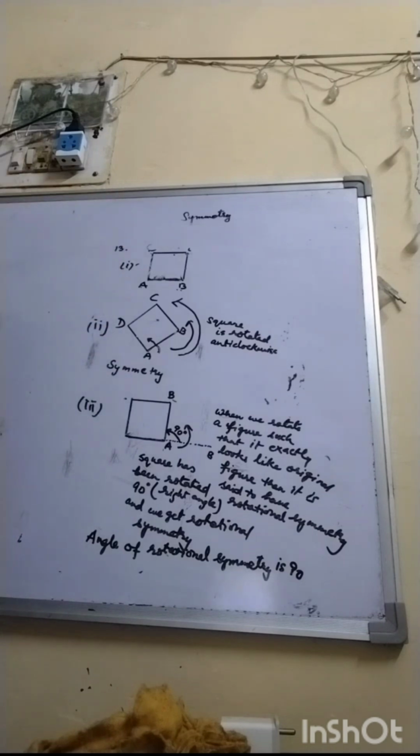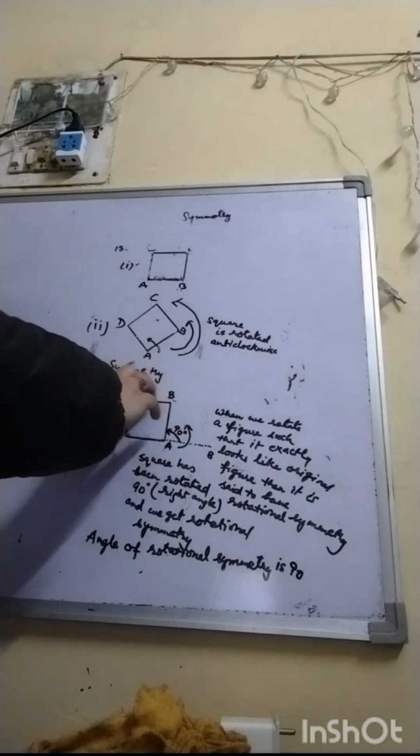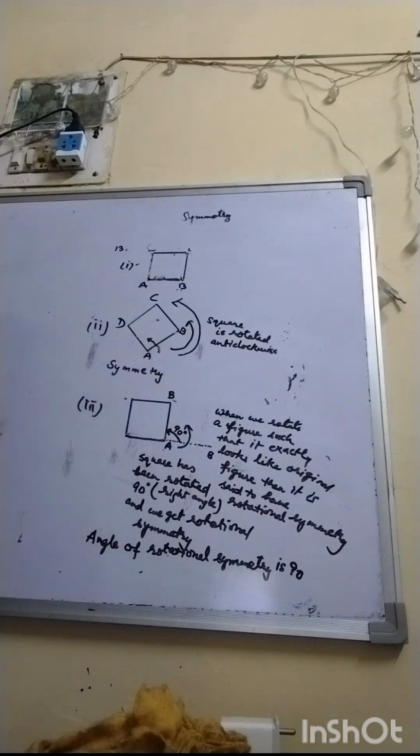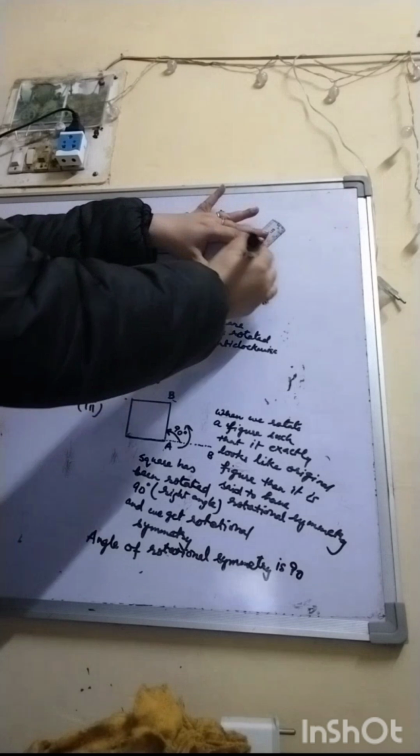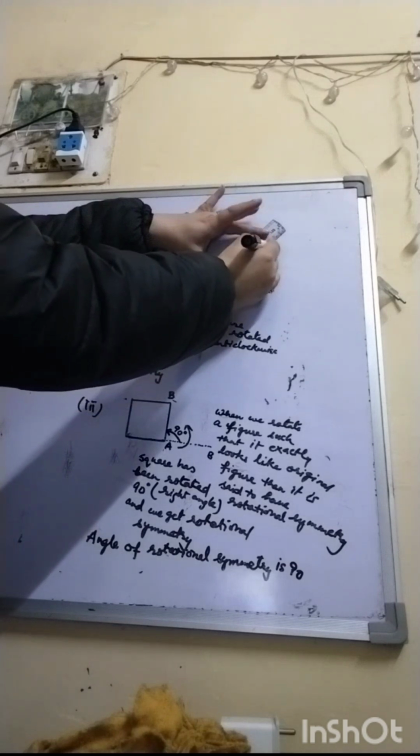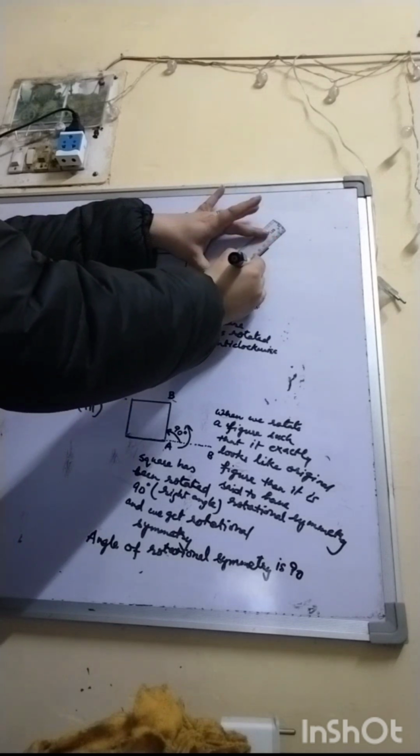Now what I can do is rotate it a bit again. If I rotate it again, how would my square look?